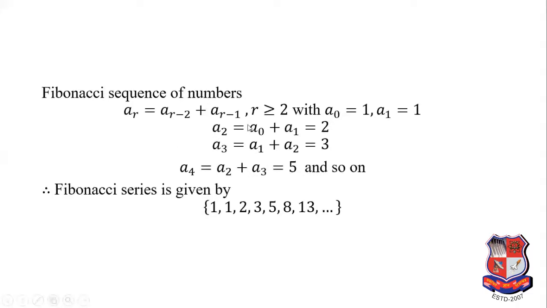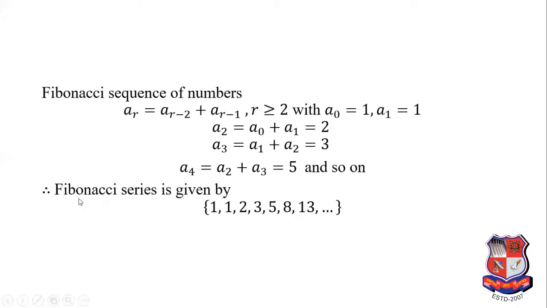Now again, if you substitute R equal to 2 in that recurrence relation, we'll get A2 equal to A0 plus A1. That's nothing but 1 plus 1, so it will become 2. A3 will be 3. A4 will be 5 and so on.